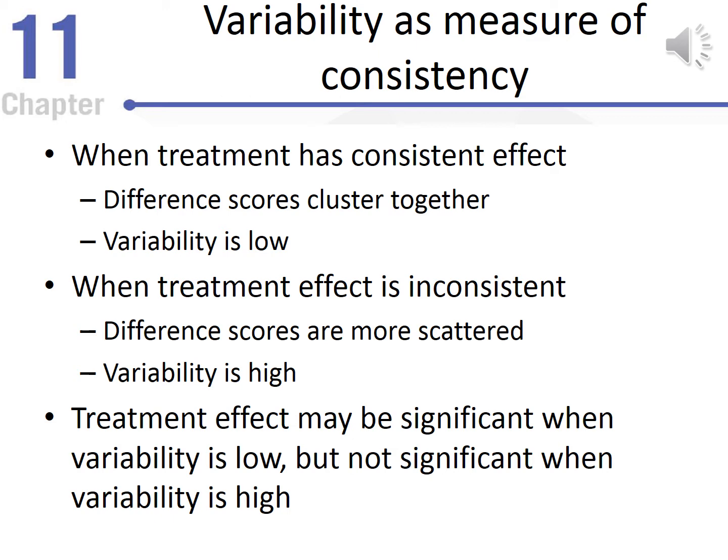However, when the treatment effect is inconsistent, the different scores may be scattered all over the horizon and the variability will be high. The consequence of this, of course, is that the treatment effect may be statistically significant when variability is low, but the very same treatment effect might not be significant when variability is high. So consistency in this case will help you reject a null hypothesis.